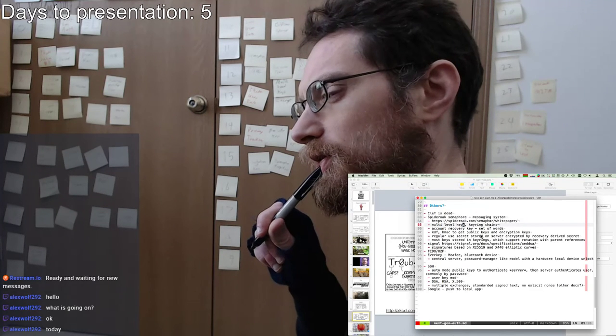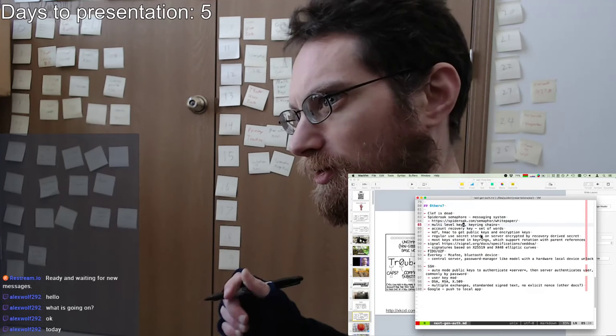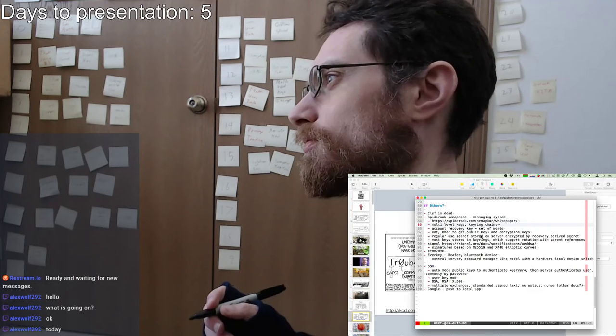It's the unlock key? Identity unlock key, I think. Maybe I got that wrong.